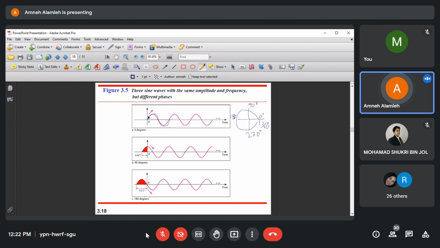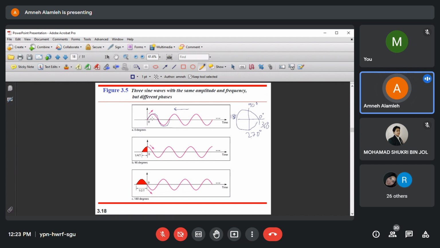So in figure A, the phase starts at 0 degrees, so look at the direction of the wave. Imagine that we make a shift. Normally the waves can be shifted to the left side. This is the time axis.